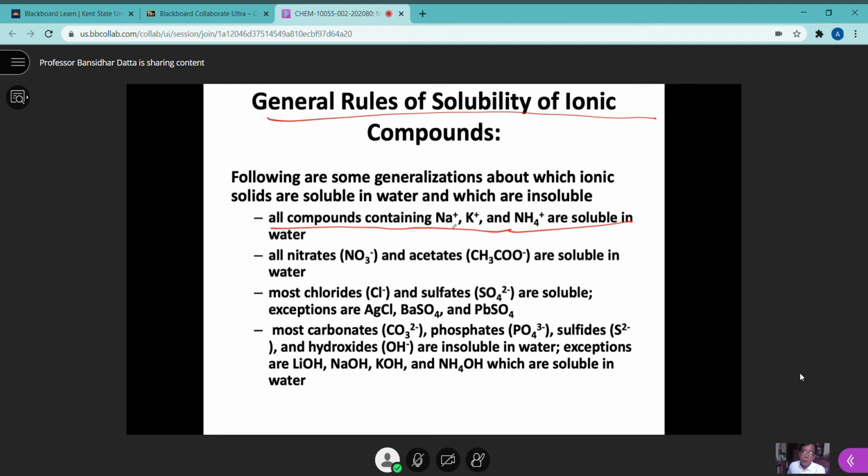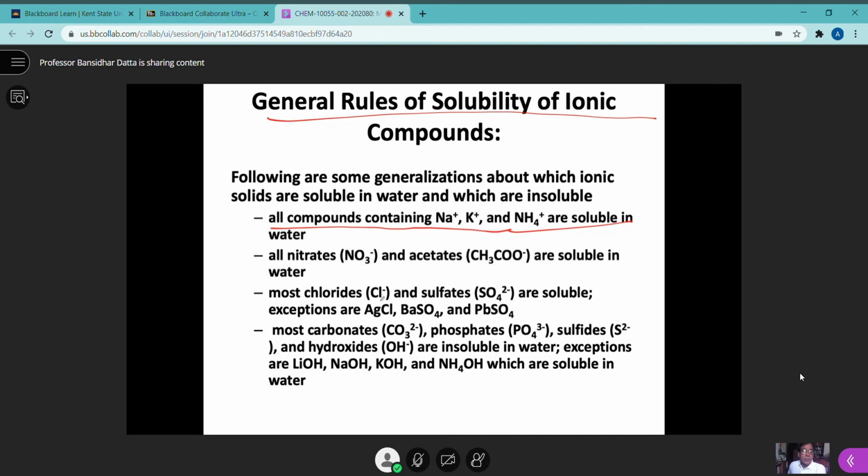So remember, all compounds of sodium, potassium, group 1 elements, with any kind of anion, including polyatomic anions, they're all soluble. And all nitrates and acetates are also soluble, irrespective of cations coming from group 1A, 2A, or 3A, or even transition metals.